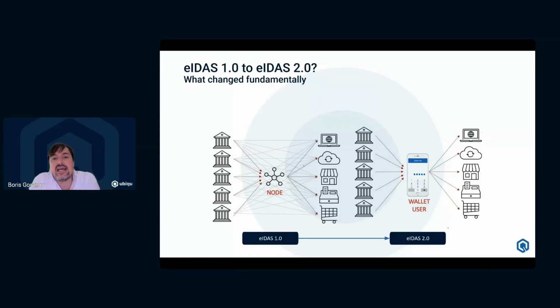So now the user has the income statement in his wallet. And then the user himself can take his income statement and deliver that to his bank, for instance, because they need it. What is important to note here is that the scope of the data exchange is just one user, one data point that is transported by the wallet, by the user himself.